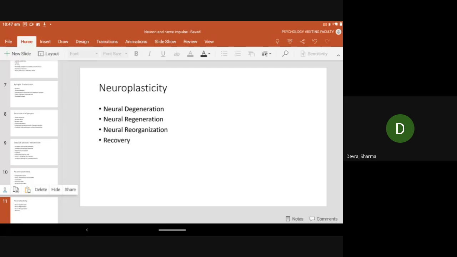It is also another important point of this unit, neurons and nerve impulse. The brain keeps changing in the course of a person's life, with changes in synaptic activity as well as genetic and environmental influence.